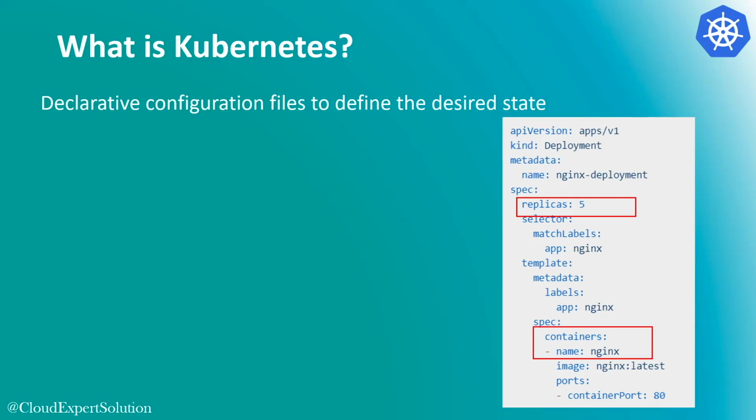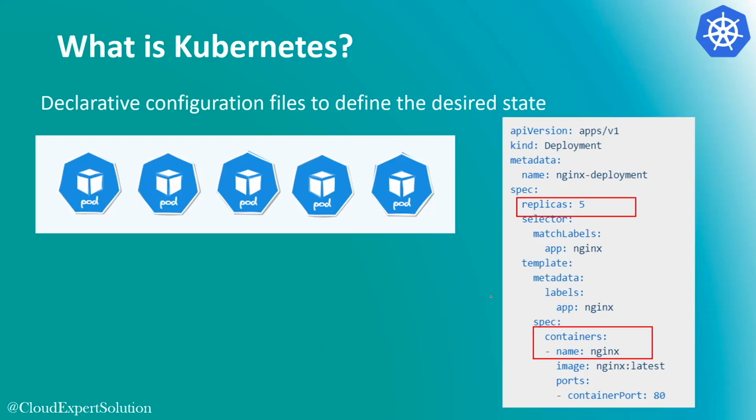But let's assume that we have this Kubernetes manifest file. We are specifying what type of container, that is Nginx, where the image is latest, and how many replicas I want to run. When I execute this Kubernetes manifest file, it will create those containers with 5 replicas or 5 instances.